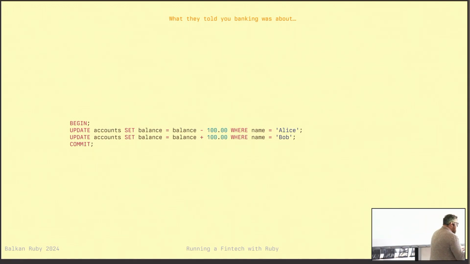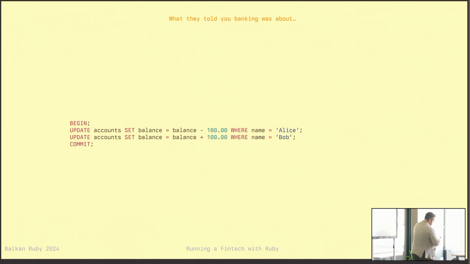So it is the canonical example of how you wrap everything in a transaction. If something happens with the second account, the first account is not debited. If the first account is debited correctly, the second one is credited accordingly. And that is in most cases what people think about when they hear about transfers, right?